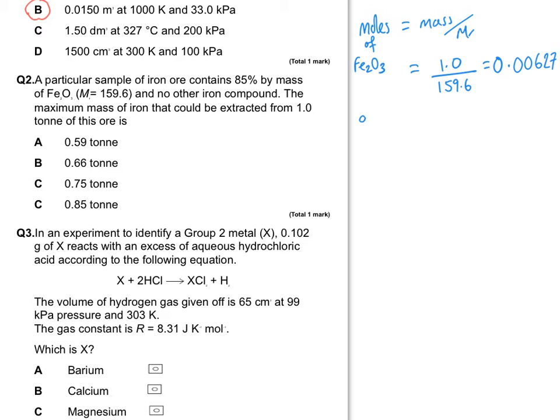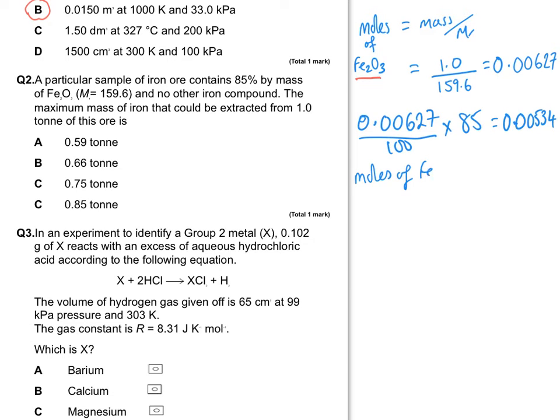So we will do 0.00627 divided by 100 times by 85. You could also times it by 0.85 and that would get you the same answer. Because the formula is Fe2O3, for every 1 mole of Fe2O3 we're going to end up with 2 moles of iron.